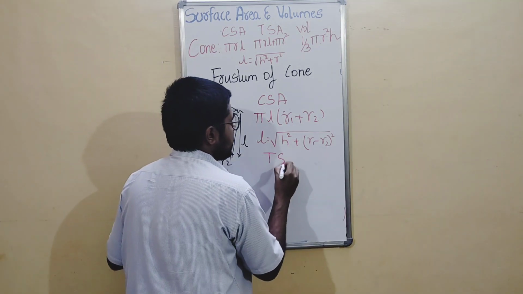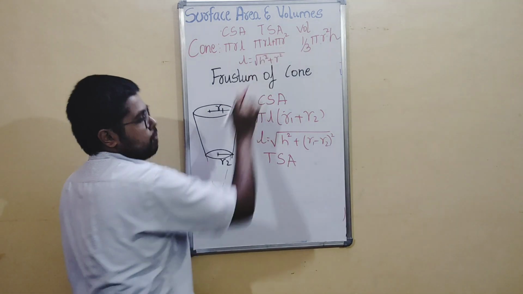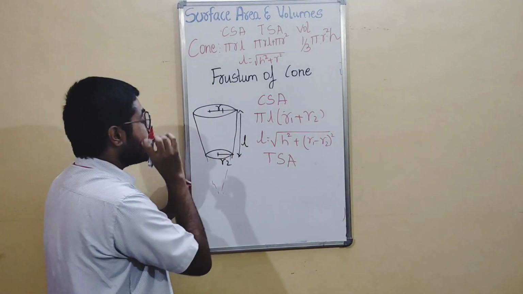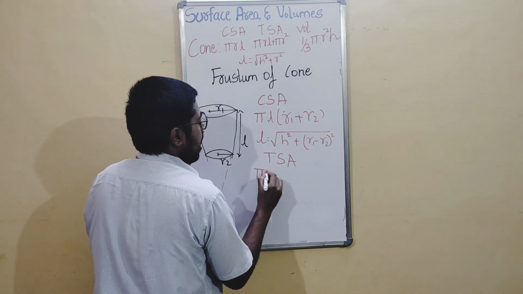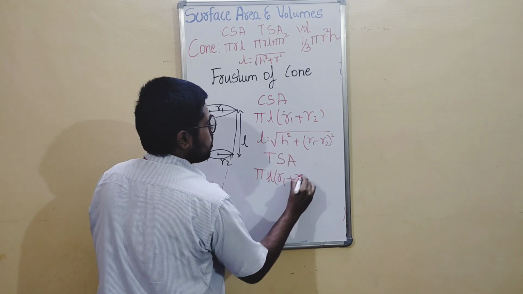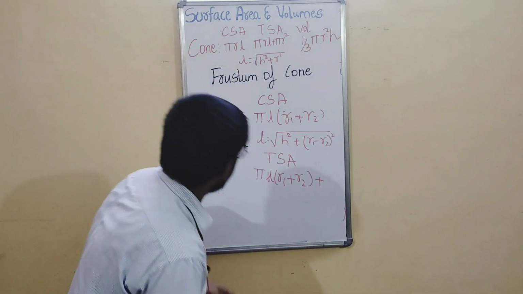Now coming to total surface area. The total surface area of a cone I wrote as pi r L plus pi r square. This is how I told you: curved surface area plus one circle. Even here it is the same. So I will write pi L (r1 plus r2) as the same, plus the two different circles. Don't forget, two different circles.